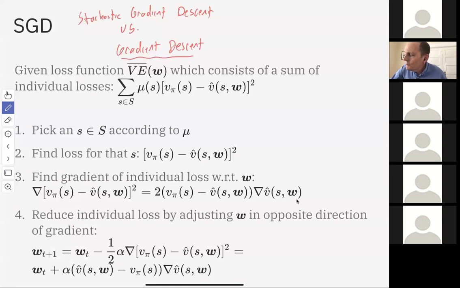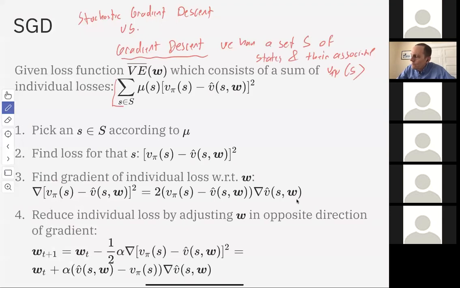Okay. So in gradient descent, we have a set S of states, and we have their associated v sub pi's. And so we can go ahead and calculate, as we looked at before, our loss.